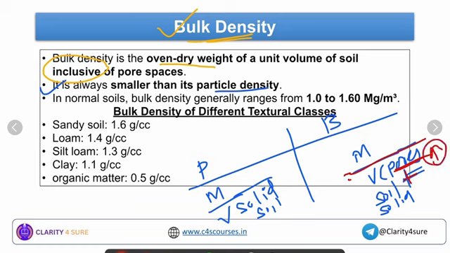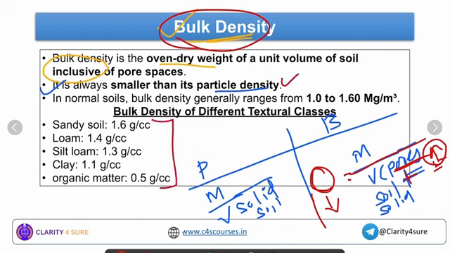And this is simple math: if the denominator is increased, the total value is going to get reduced. For this simple math reason, bulk density is always going to be lower than particle density.